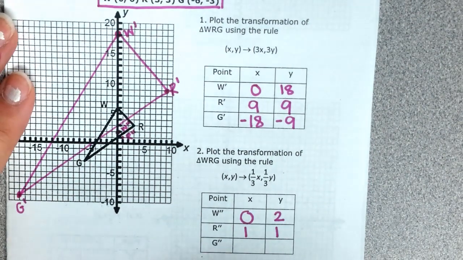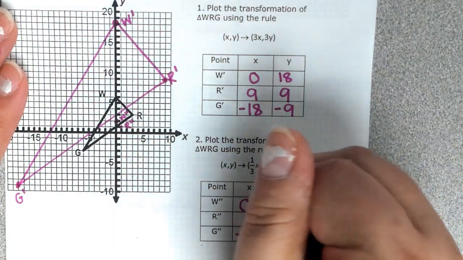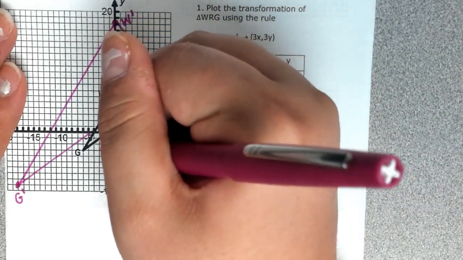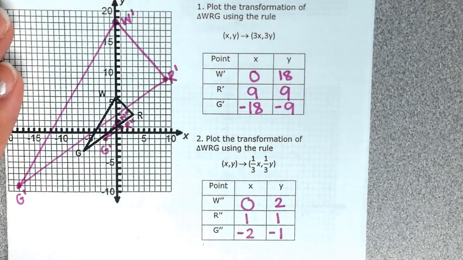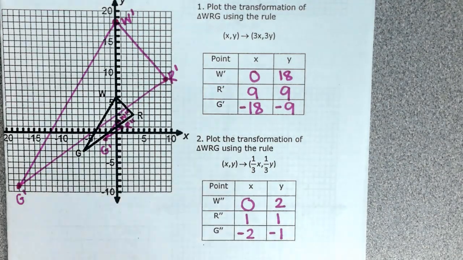And I plot that. And then what does negative 6, negative 3 become? Negative 2, negative 1. And when you graph that, you can barely see it because it's right on top of that line, right? And what happened here? It was a reduction.